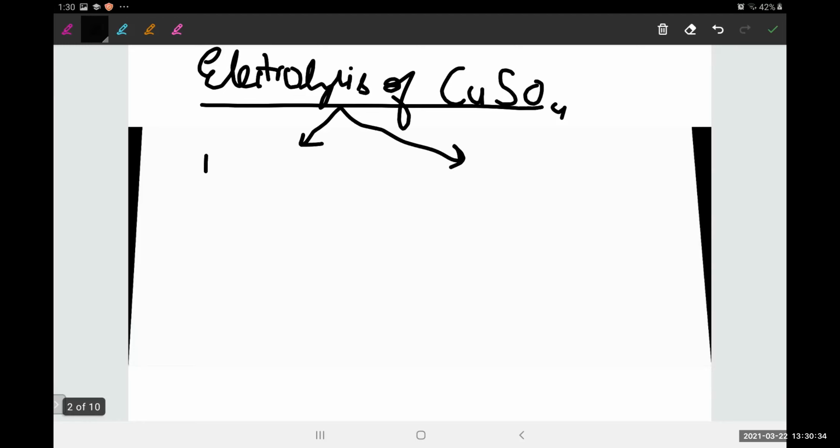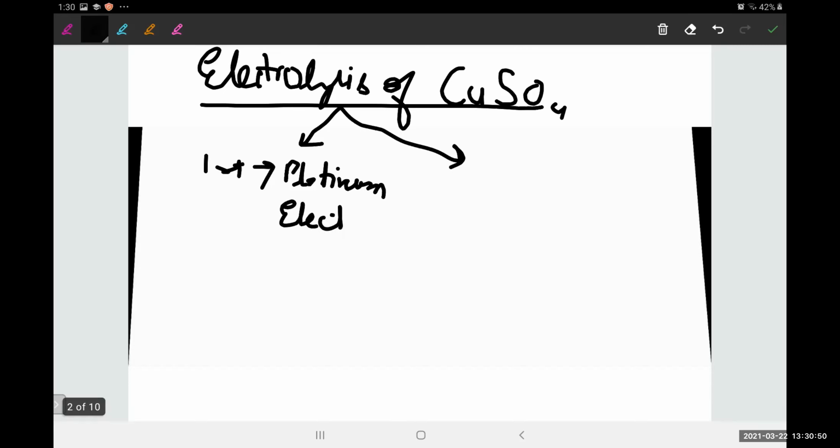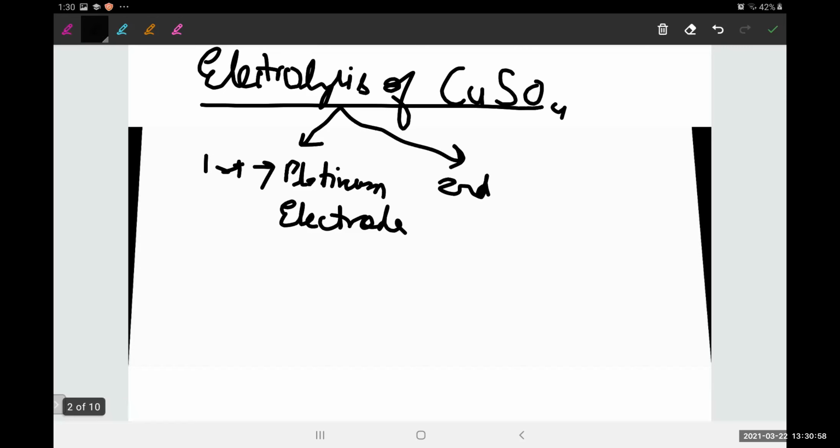First, we'll do the platinum electrode, and next we'll do the copper electrode. Okay, secondly we'll do it by the copper electrode.